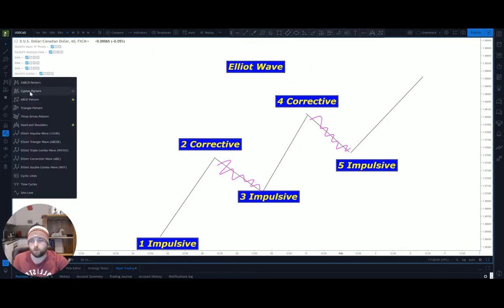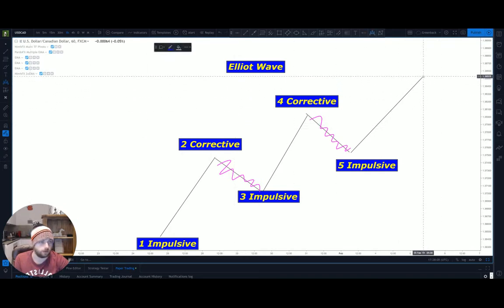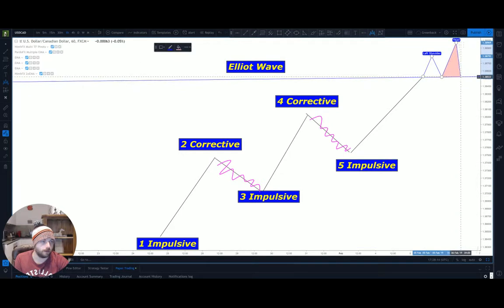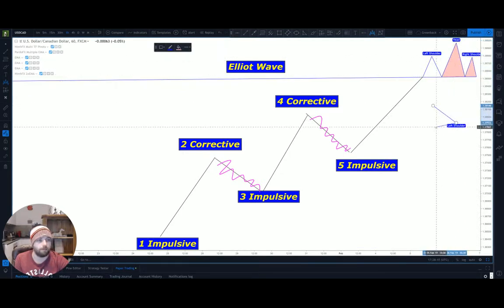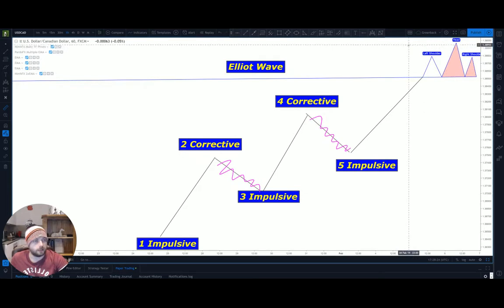But what we can look for is stuff like head and shoulders, a reversal chart pattern. Usually it comes at the top of a trend. And then what will happen from that point is, we know if a head and shoulders pattern is successful, it's likely to go the distance between the head and the neckline.